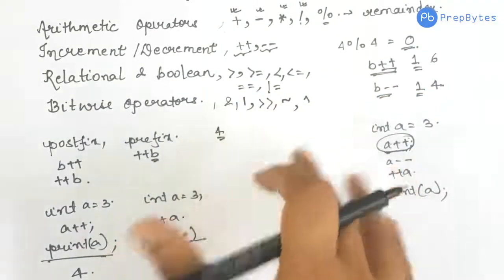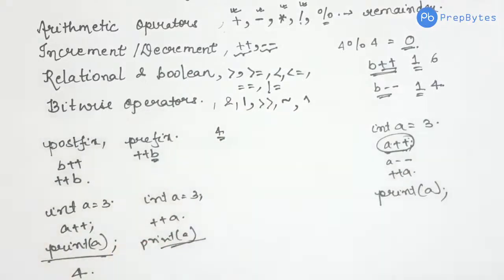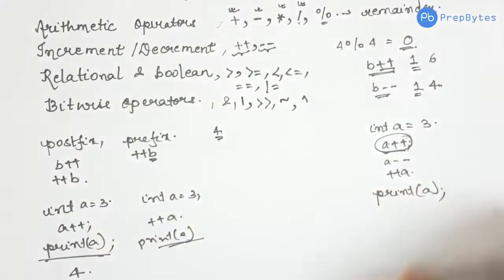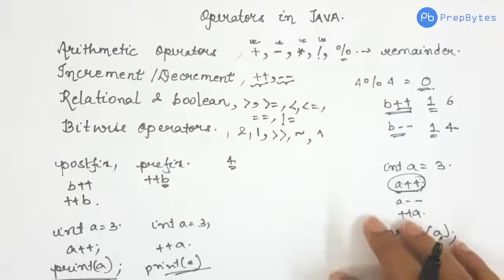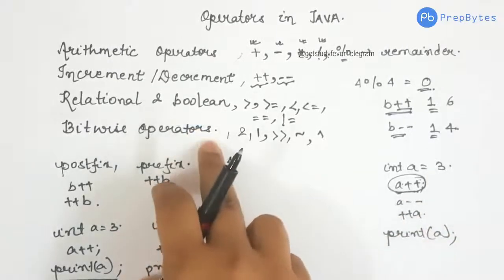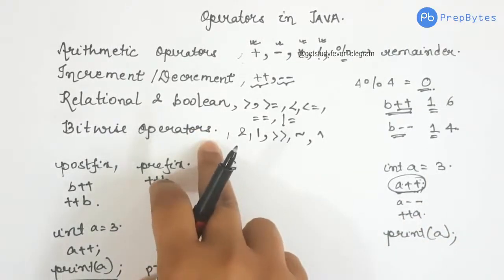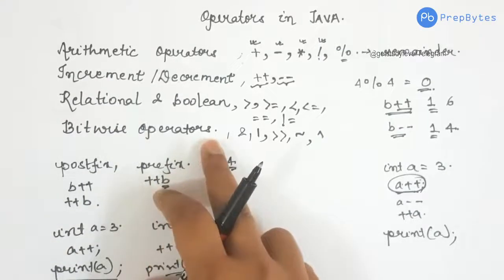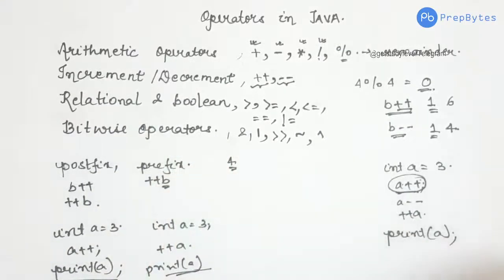We'll talk about them one by one, but before that, we would like to discuss another set of operators called logical operators. After that, we will go on to discuss bitwise operators.